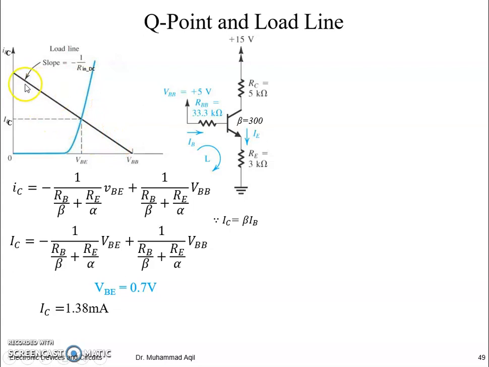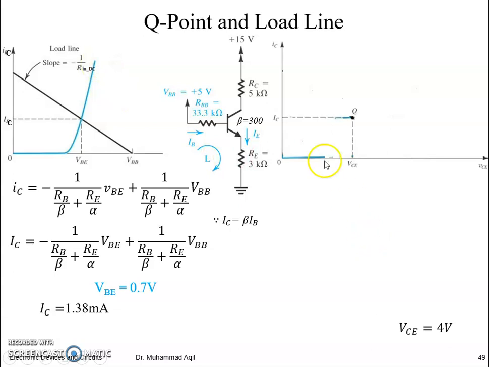But this equation says otherwise, but these are hypothetical points. So whatever the Q point is at the input side, it will be the intersecting point of your load line and the overall behavior, the characteristics curve of that transistor.